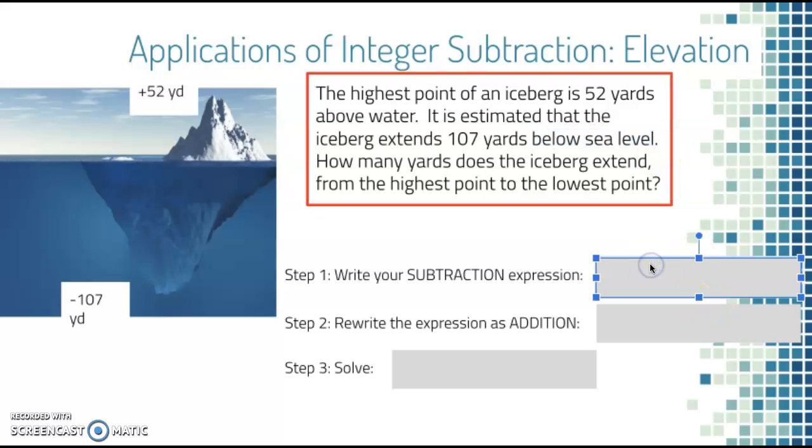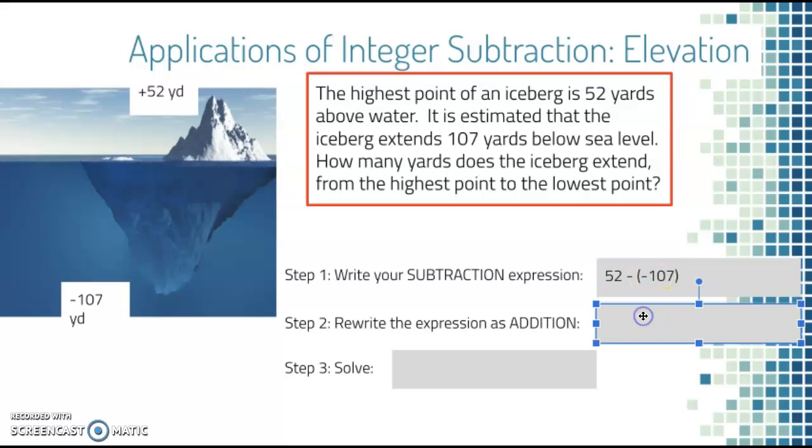Our subtraction expression is going to be high minus low. So the height minus the depth. And because it's below sea level, we need to make sure we have the negative in there. In order to rewrite this as addition, we need to keep, change, change.